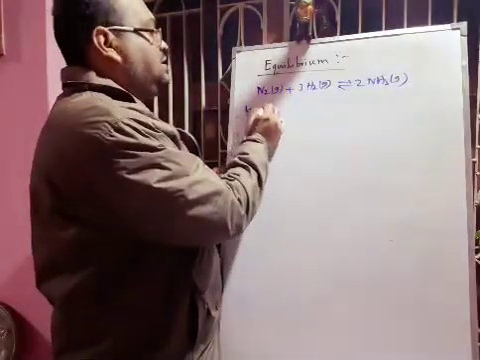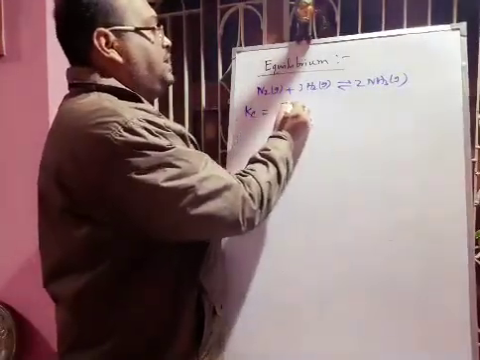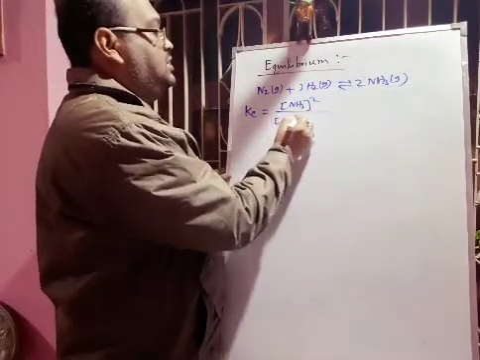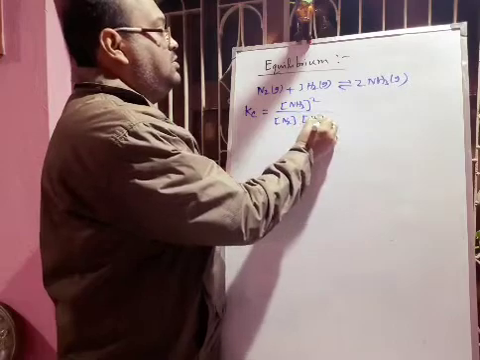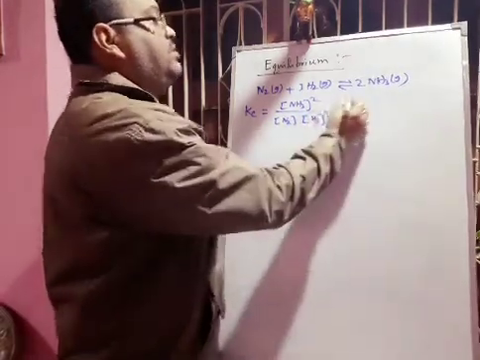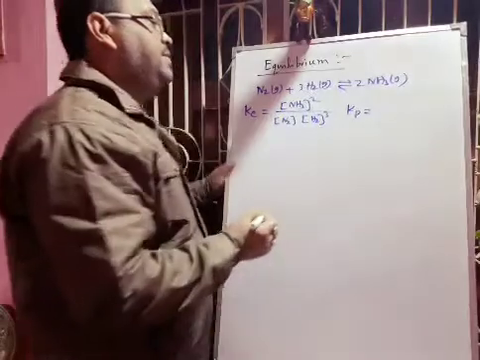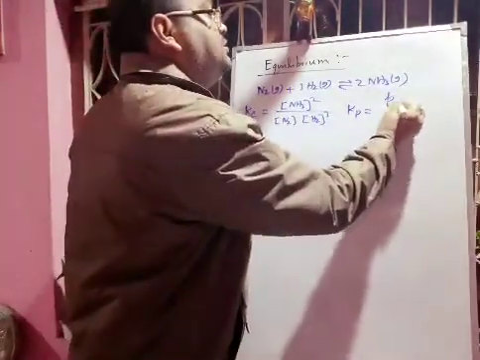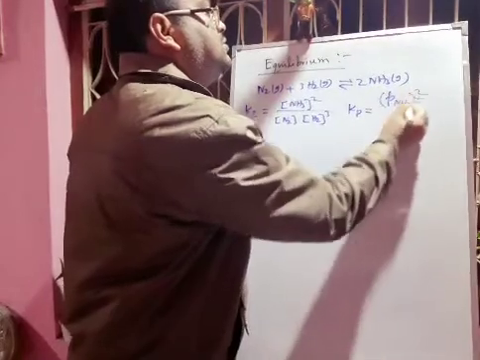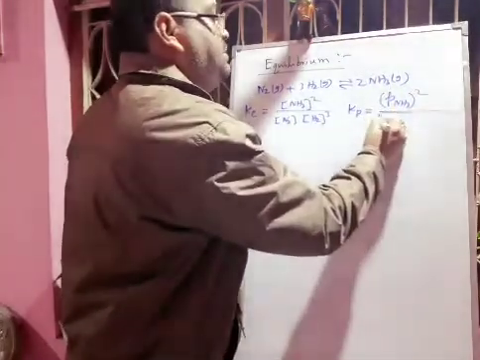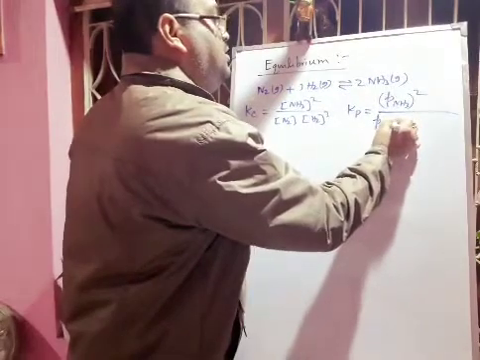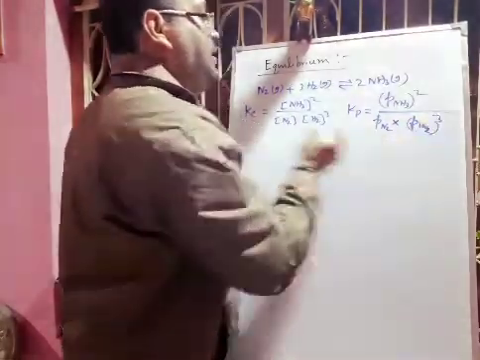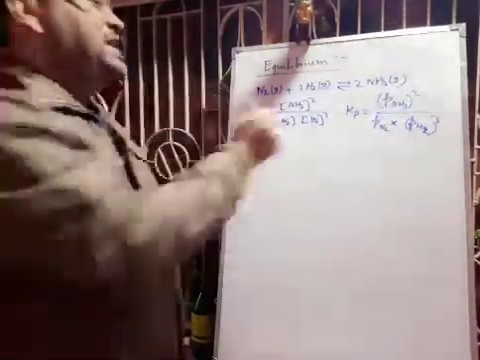So here Kc is equal to the concentration of NH3 whole square divided by the concentration of nitrogen into the concentration of hydrogen whole cube, and Kp will be equal to the partial pressure of ammonia whole square divided by the partial pressure of nitrogen into the partial pressure of hydrogen whole cube. So this is the Kp and Kc.